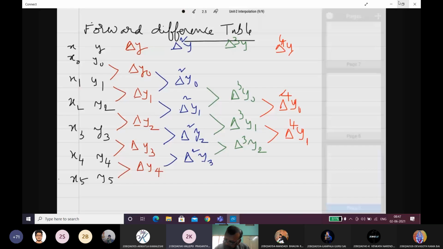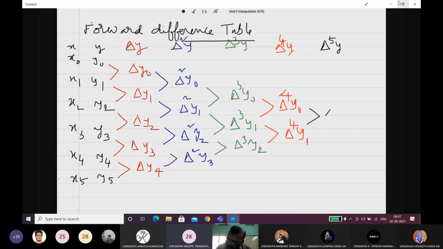Delta power 5. So this is the forward difference table.